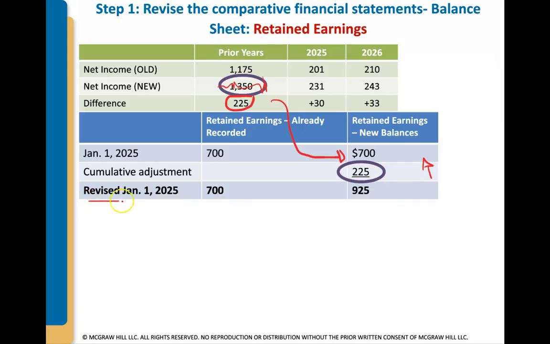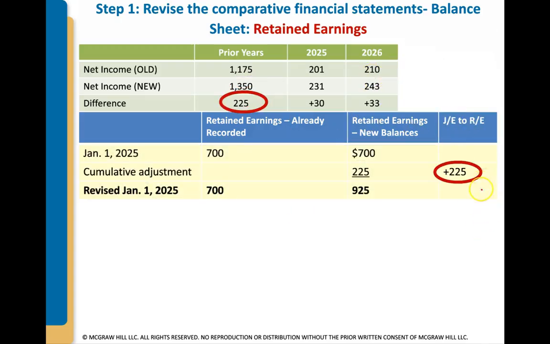So now when we show our comparative financial statements in 2027, we have to show our 2025, 2026, and 2027 balance sheet items, and one of them is going to be retained earnings. And so when we reflect our beginning balance for retained earnings, we're actually going to show $925 versus what it used to be, $700. So now we have to record an increase to retained earnings for $225.